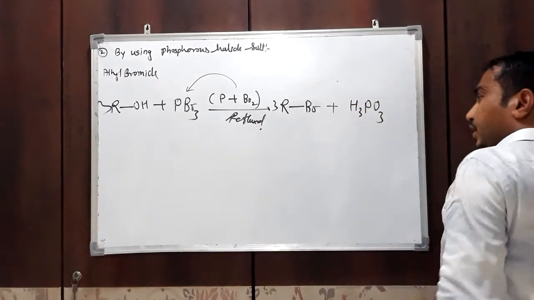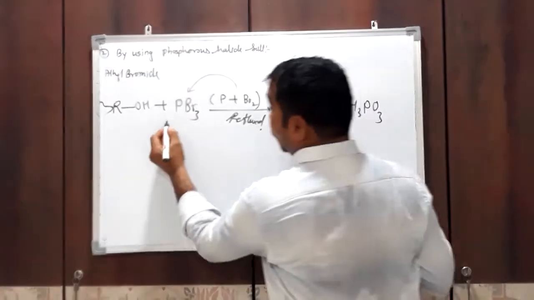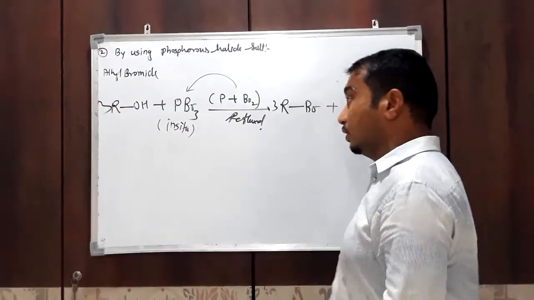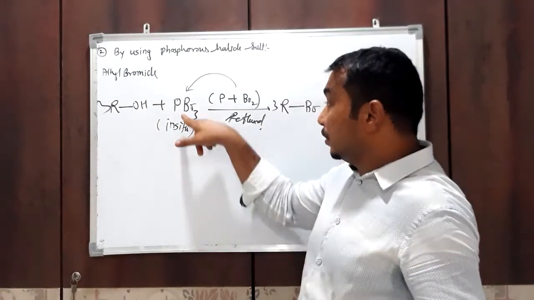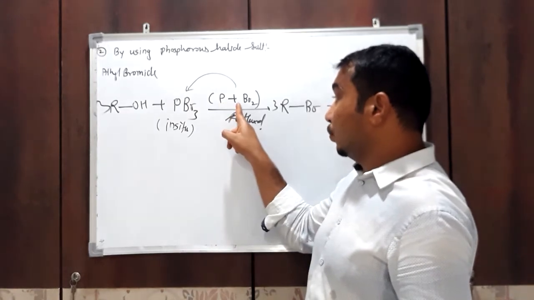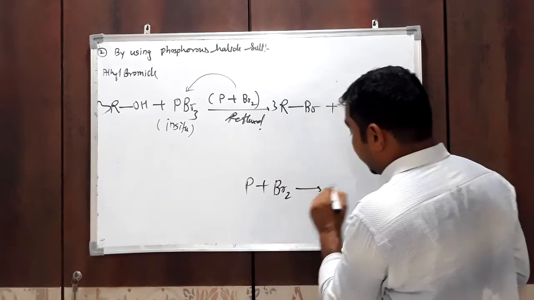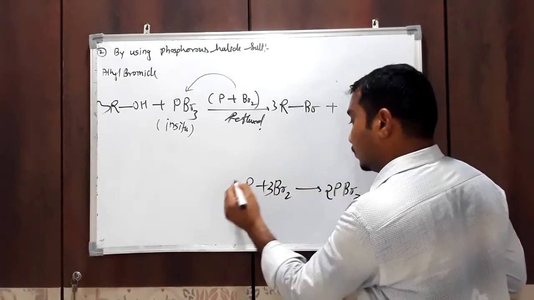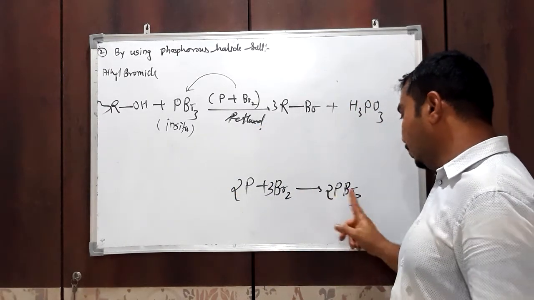The rest of the reaction equation is the same. We only have to prepare this PBr3 in situ. We cannot store PBr3 due to stability reasons, so we prepare it inside the reaction mixture by the reaction between phosphorus and bromine, 2 phosphorus and 3 bromine giving PBr3.